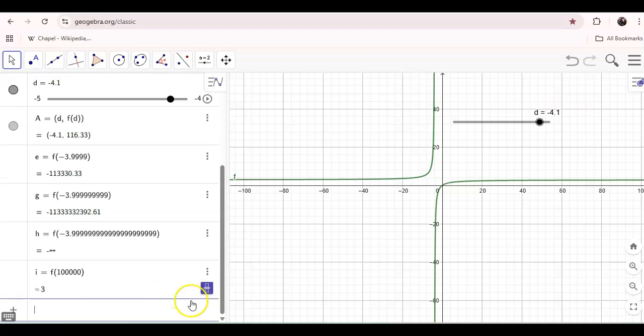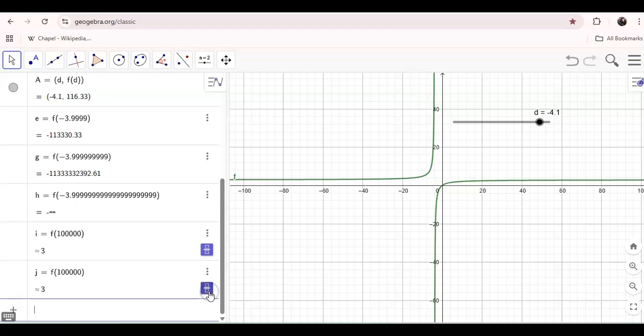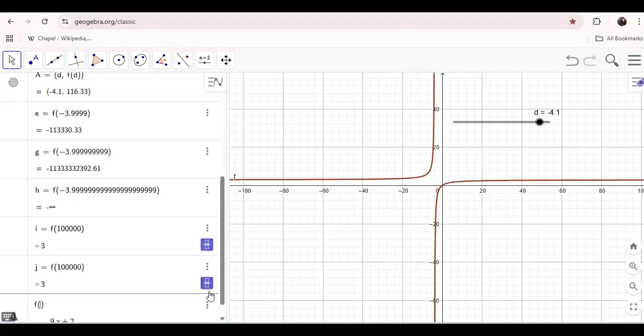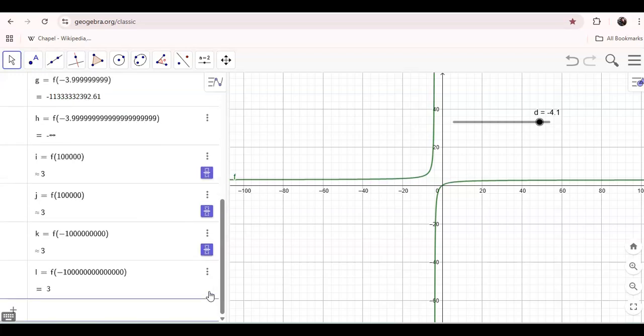It's 3, approximately 3. And it's still 3 here. Okay, how about negative? So negative, this small number, it approaches 3. F of negative this much, let's see, it's also approaching 3.